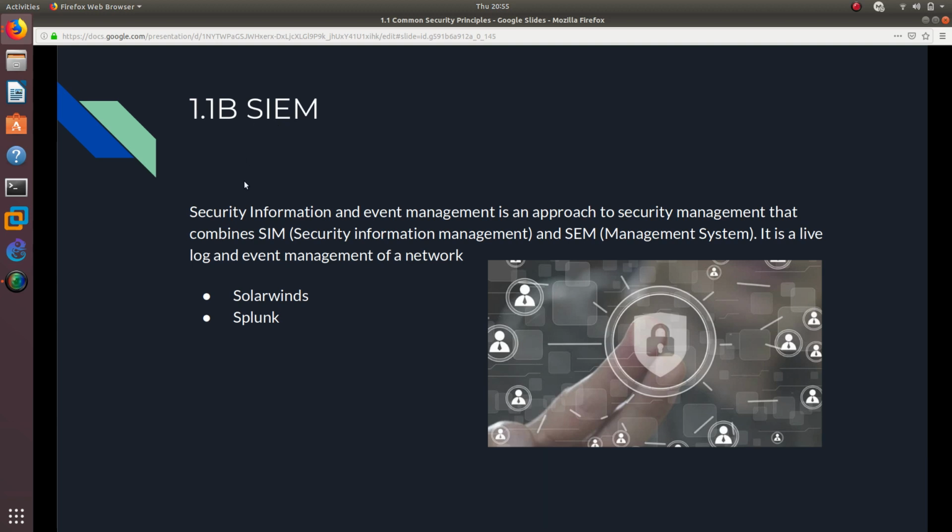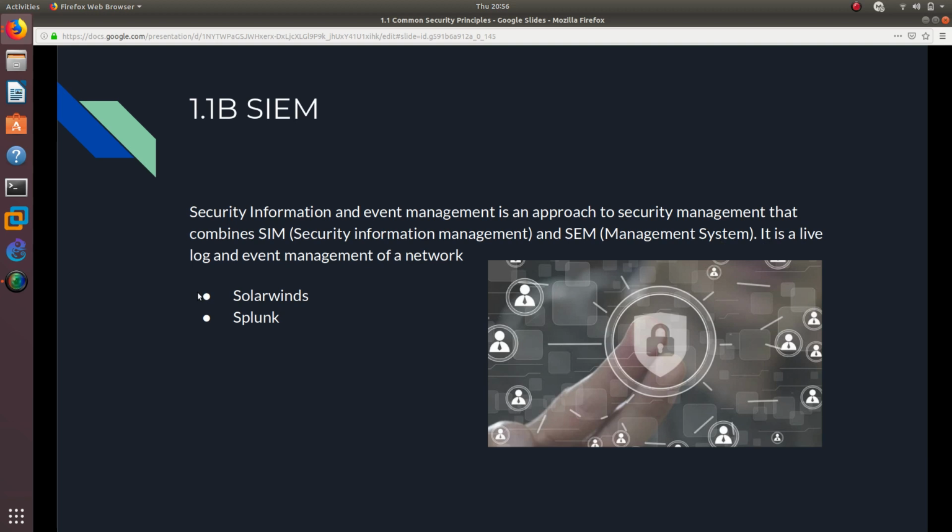SIEM means Security Information and Event Management, and this is an approach to security management that combines SIM, which stands for Security Information Management, and SEM, which is Security Event Management. It is a live log and event management of a network.